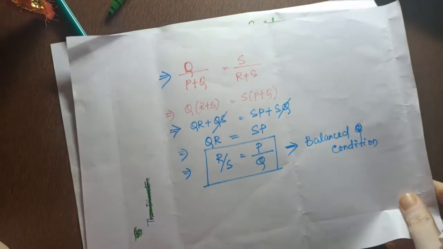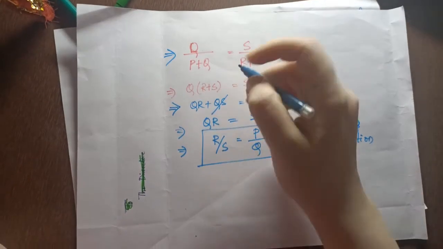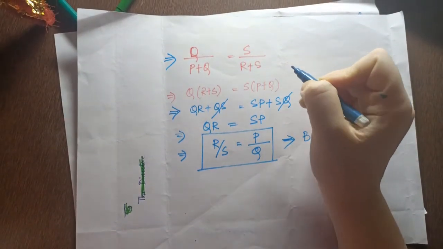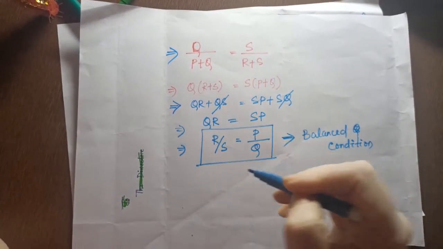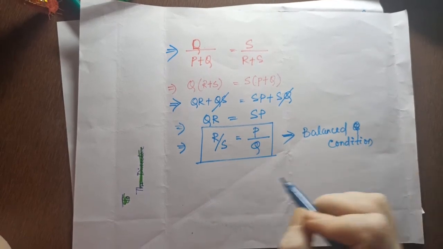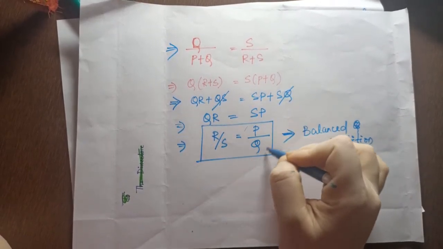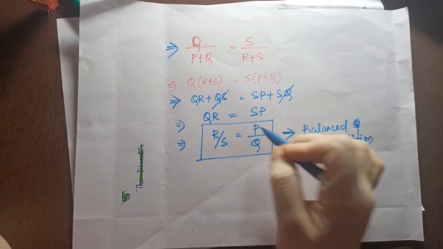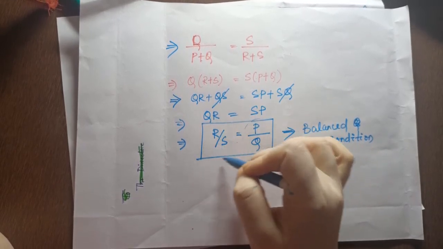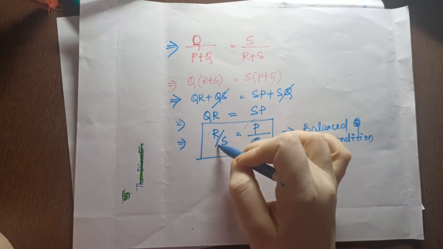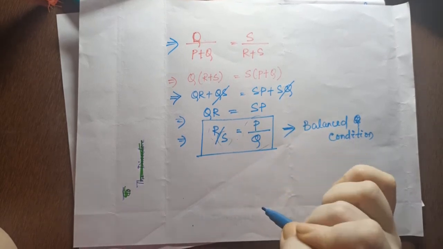Now we got Q divided by P plus Q is equal to S divided by R plus S, and then we cross multiplied, and finally we got the result of balanced condition, that is the ratio of the known resistances is equal to the ratio of unknown resistance divided by the variable resistance.